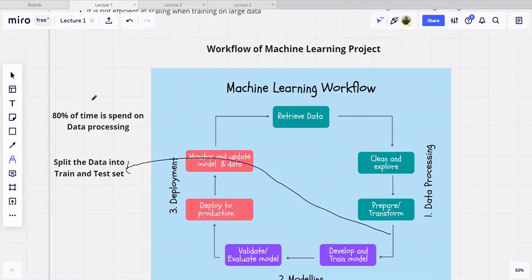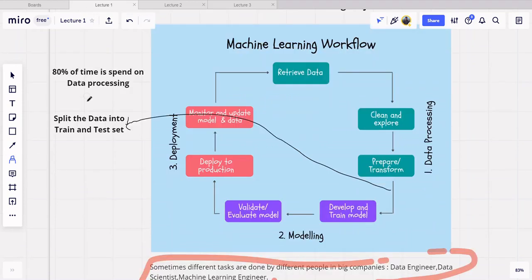As someone working in this industry and creating machine learning models, you should know how to retrieve data, how to clean data, and also how to deploy the machine learning model that you have created. If not an expert, you should have a working knowledge of most of these parts.